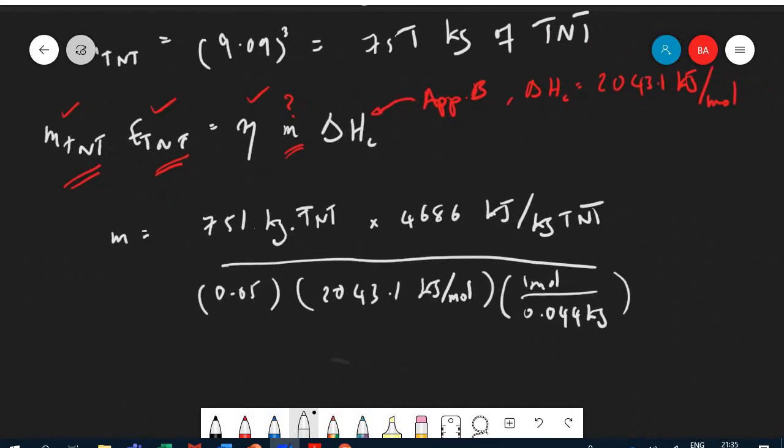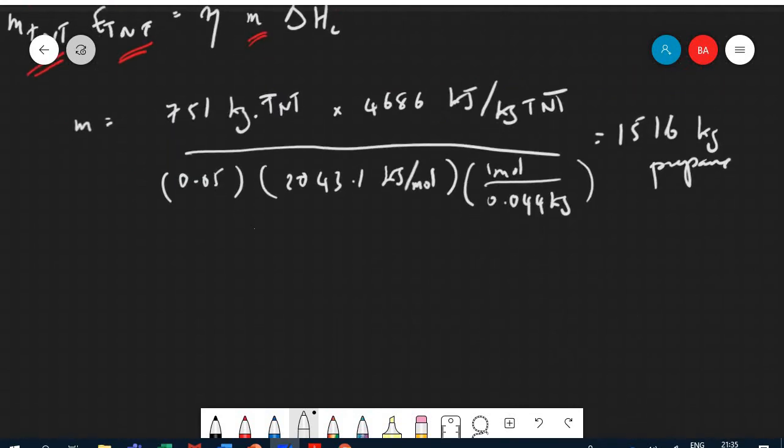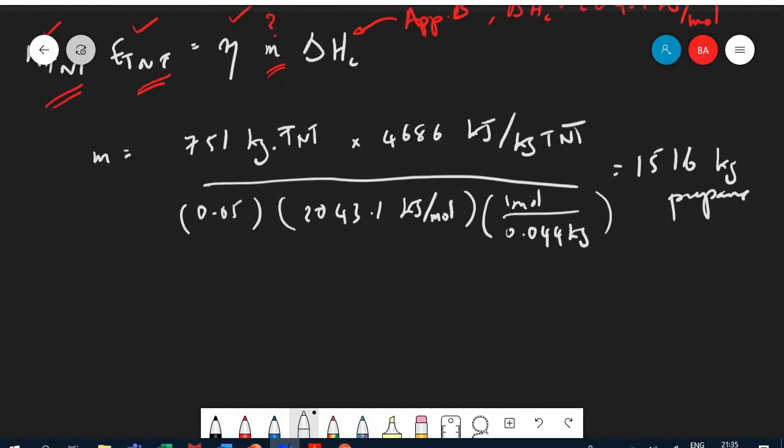Now with all this conversion fixed up, I will get the answer to be 1516 kilograms of propane. That is about 1 ton, which is not really a lot. That is a possible amount.